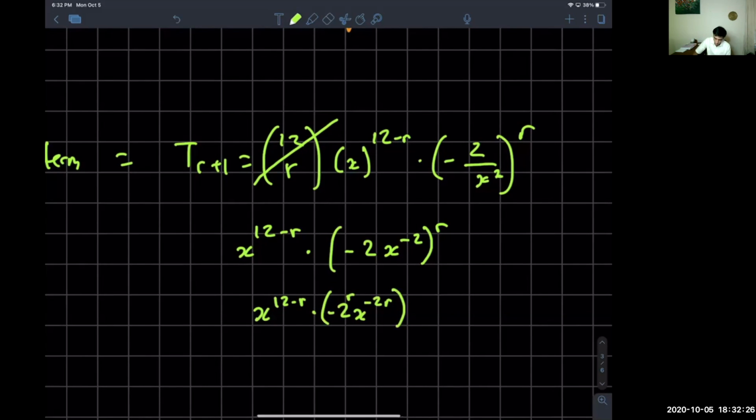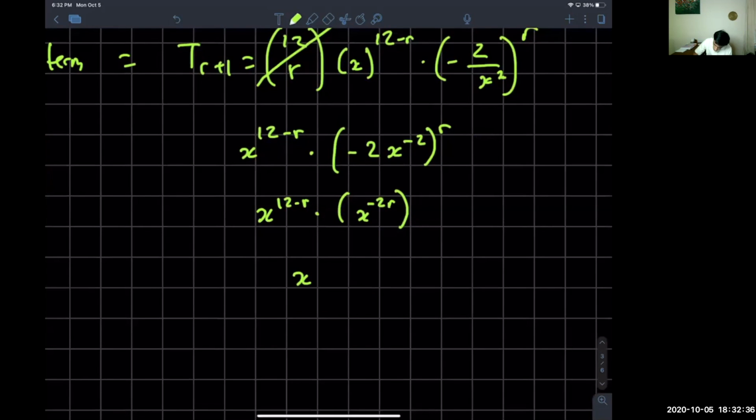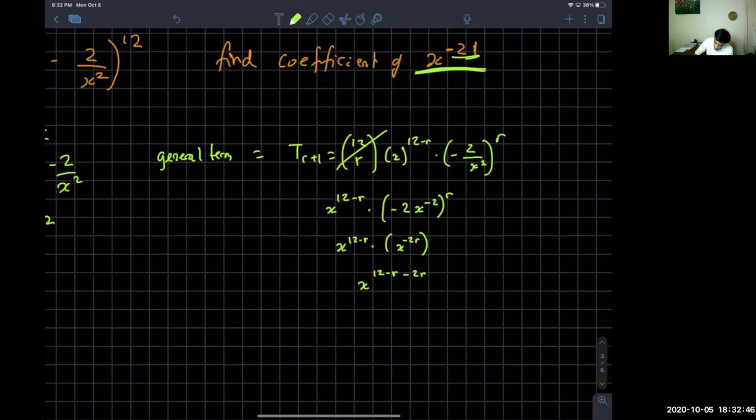And there would also be an r here, but we can ignore these constants for now. So we're going to erase this. Okay. So this becomes x to the power 12 minus r minus 2r. Yeah.